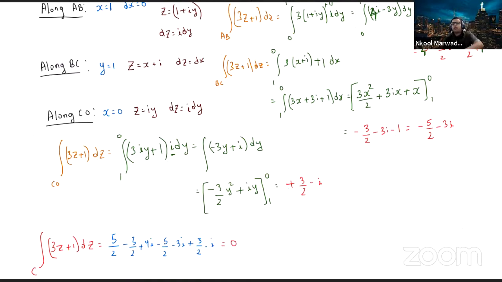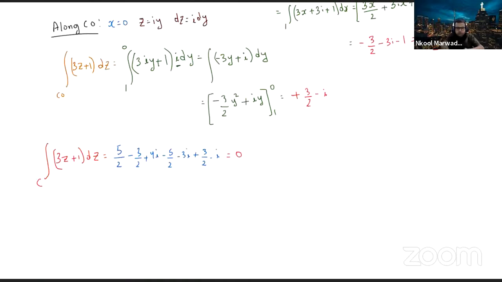It is a closed contour, and hence it has to be 0. So, is this clear?